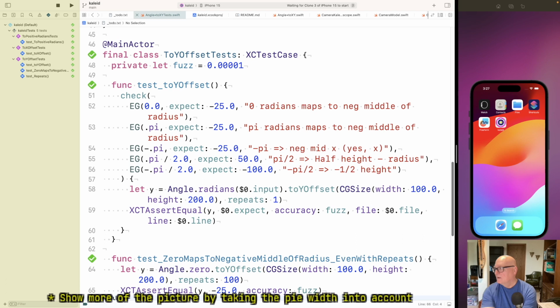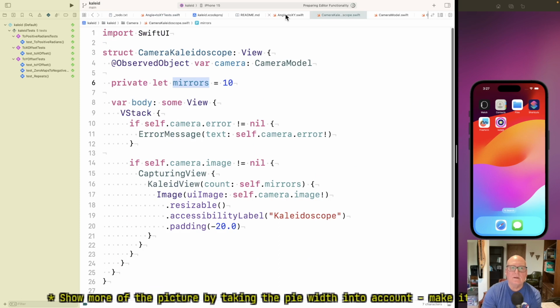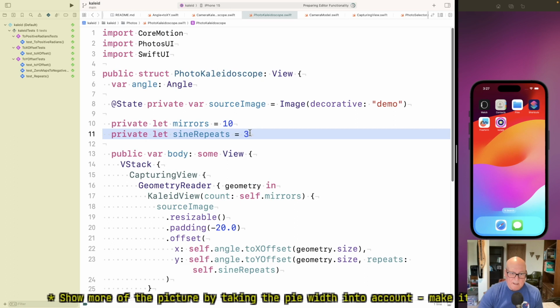Yeah, so somewhere here, okay, we have mirrors on this one, and we don't have photo kaleidoscope open. This one has the sine repeats, so this y-axis stuff we're doing.